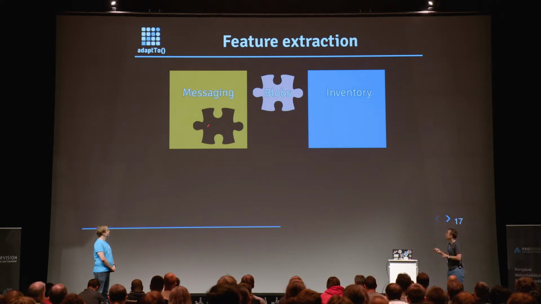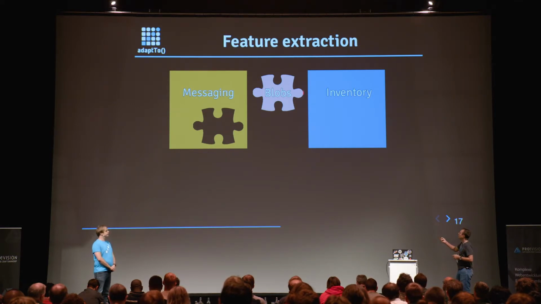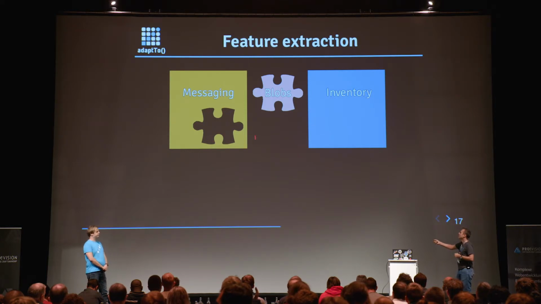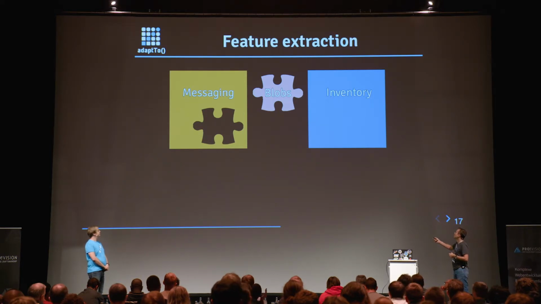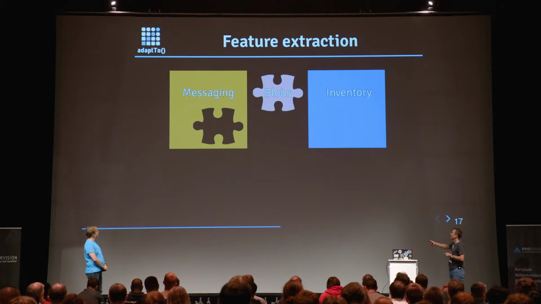Another pattern that I've noticed from time to time is that you have a feature which is hiding underneath another feature. Let's say that we have these messaging and inventory features, and then you have a blobs functionality that was developed and hidden inside this messaging feature.